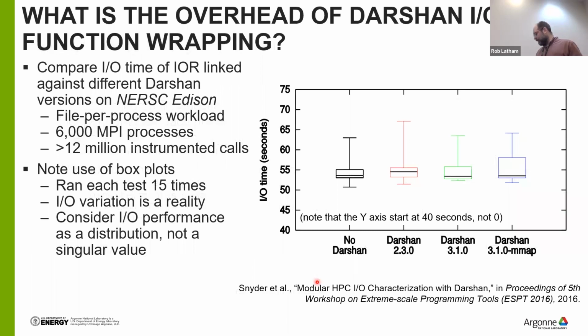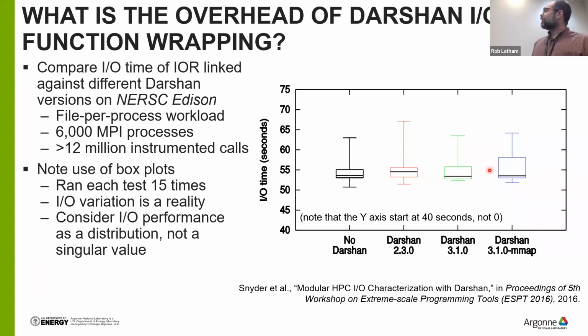Okay, well, great, but I made the assertion that Darshan is going to be low overhead, and this is some older data, but we do these performance regressions from time to time, and it still holds true today. For the application without Darshan or with Darshan, we try to keep these really small error bars here.